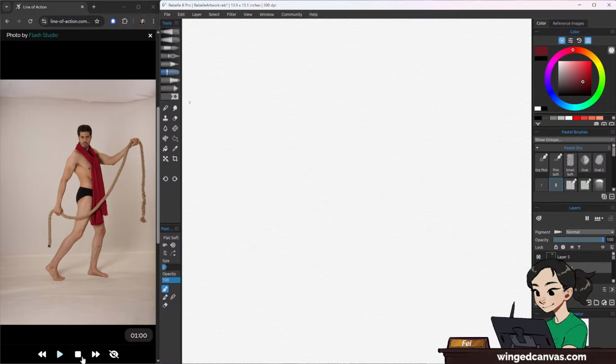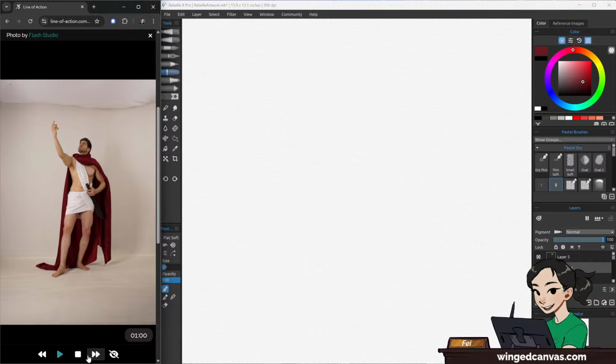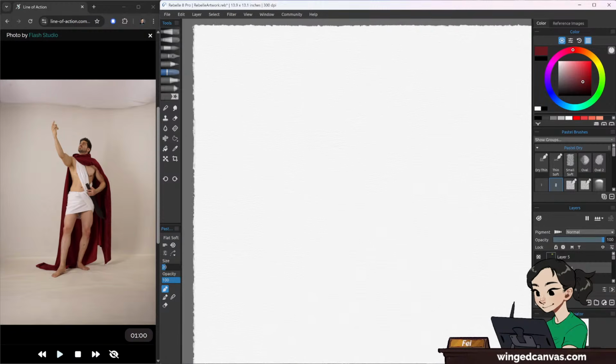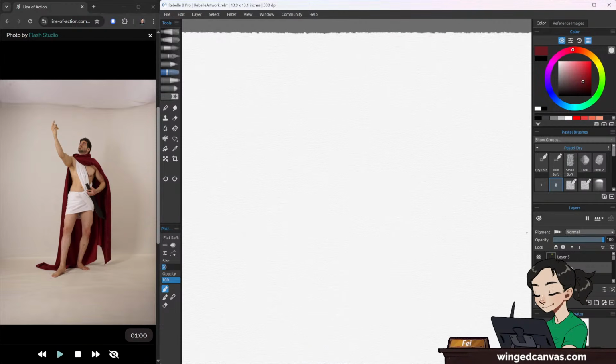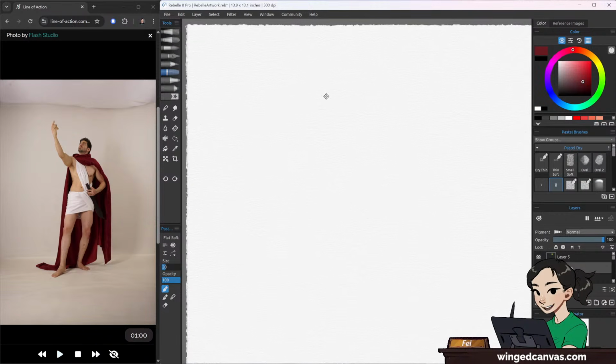All right. Okay, so we're going to start off with some 1-minute poses. These are actually from a site called Line of Action, which is one of the sites that I use for timed poses. It's free and it's pretty good. It's just I've drawn so many of these poses that they keep repeating now.